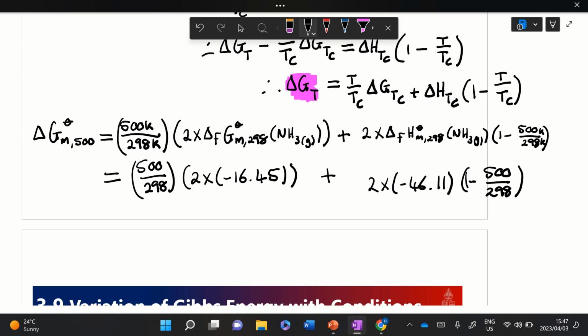So 500 over 298 times 2 times minus 16.45 plus 2 times minus 46.11 times 1 minus 500 over 298 gives us 7.31 kilojoule per mole.